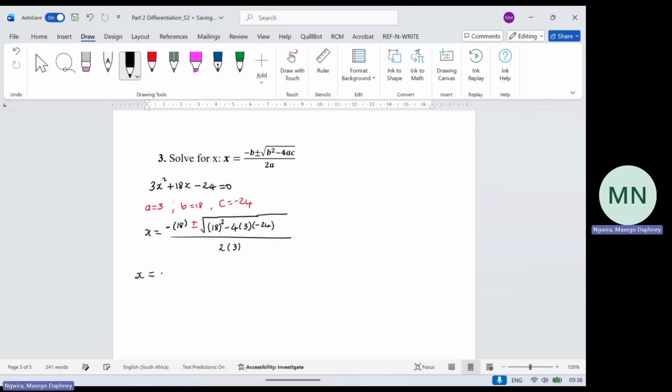So x is equal to negative 18 plus the square root of, just use a calculator, 18 squared minus 4 times 3 times negative 24. So we have 612 over 2 times 3 is 6. Or x is equal to negative 18 minus the square root of 612, it's the same thing, then over 6.